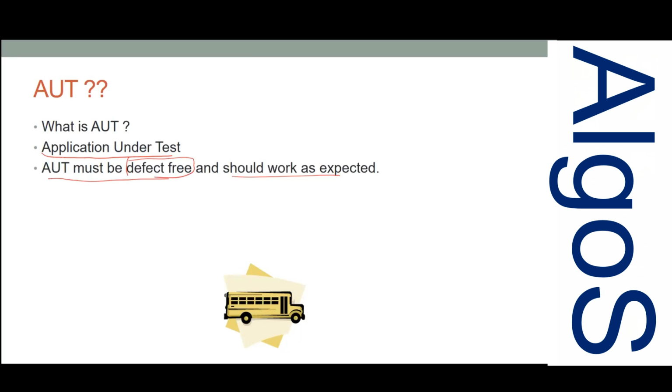Developers will create something. Testers will test whether it is working as per expectations or not. The responsibility of the QA team or testing team is to find out the problems with the software, the things which do not work in the software as per expectations. That is called a defect.